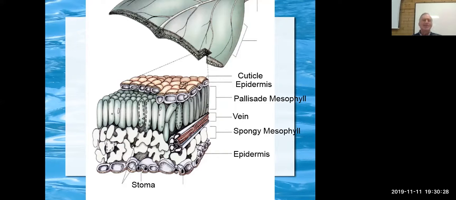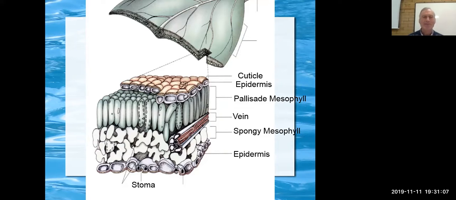Let's look at the structure of this leaf, and that'll give us some idea. So we'll start at the top, and there's the cuticle, which is a waxy covering. It's not living, it's just wax that the cells secrete to protect themselves, and that keeps the leaf from drying out and helps protect it from disease organisms. And underneath the cuticle is the epidermis.